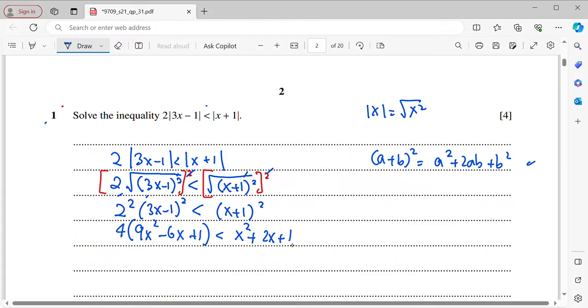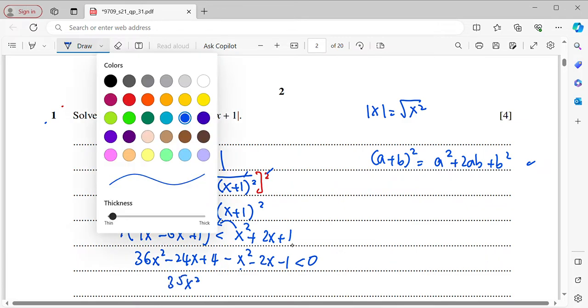Okay, so for the left hand side, when you do expansion, you will be getting 36x squared minus 24x plus 4. Then all the terms on the right side will be moved to the left hand side. Then I will be getting negative x squared minus 2x minus 1 is less than 0. So from here, 36x squared minus 1x squared will be 35x squared.